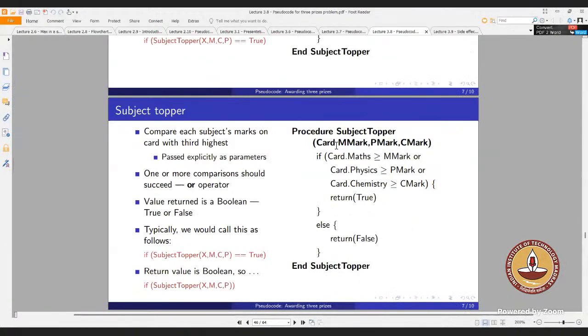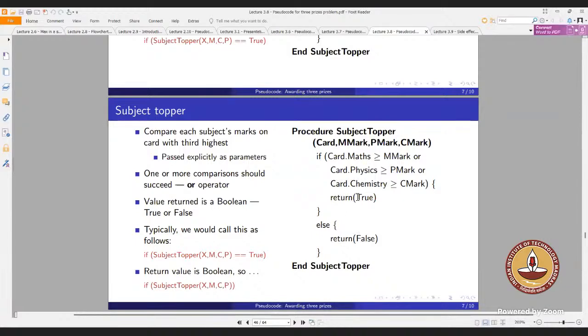So you are providing the card, math, physics, and chemistry marks, right? If card.math is greater than or equal to math mark, or card.physics is greater than or equal to p mark, only if this is true, return true. Otherwise, return false, right?